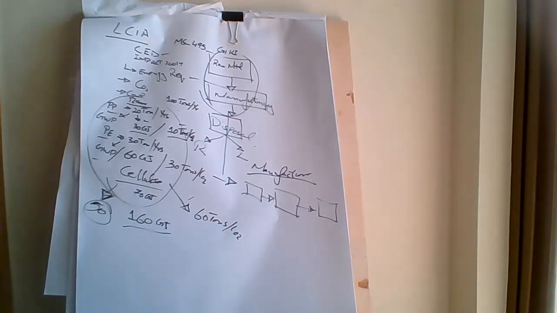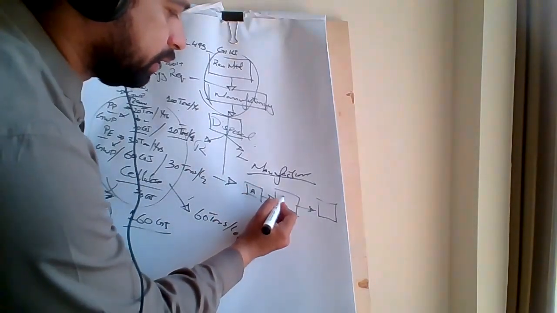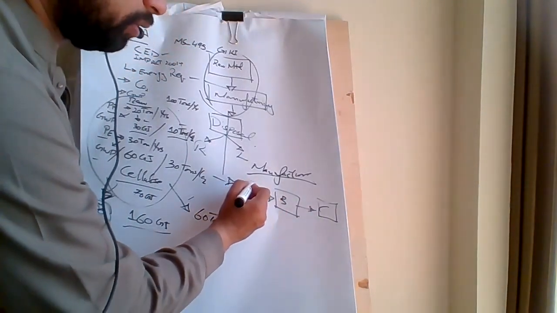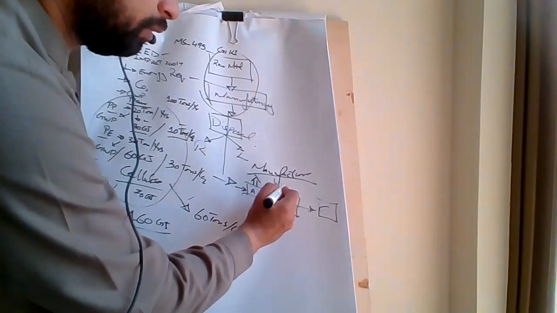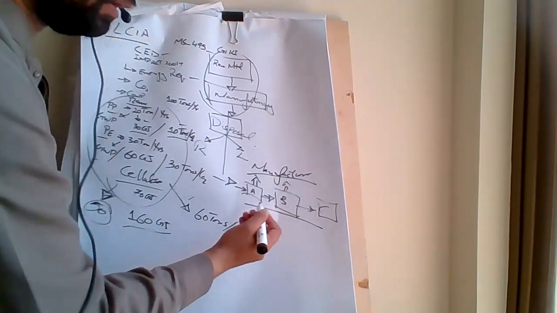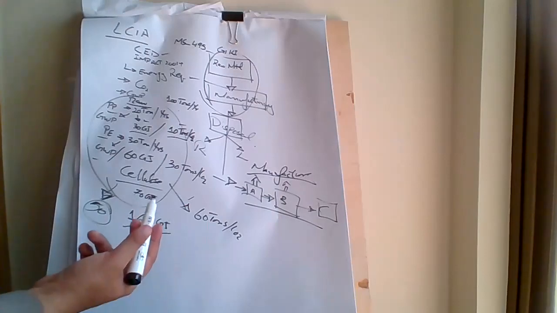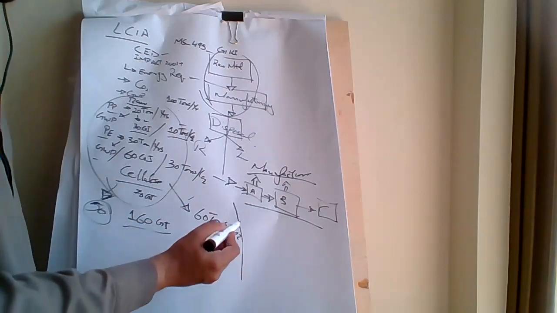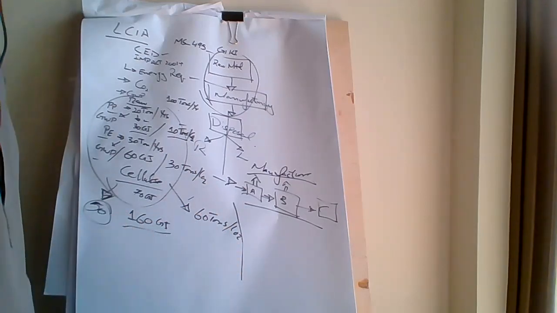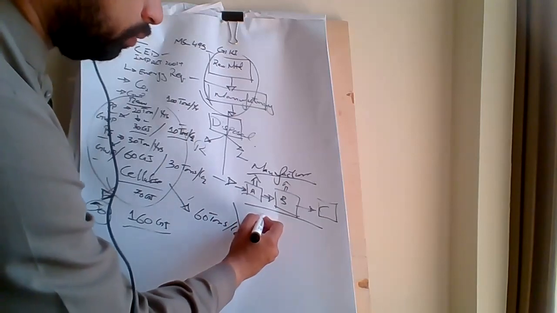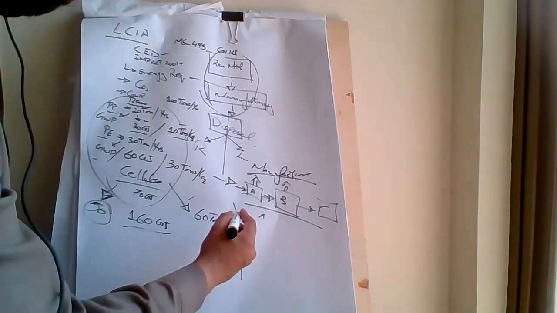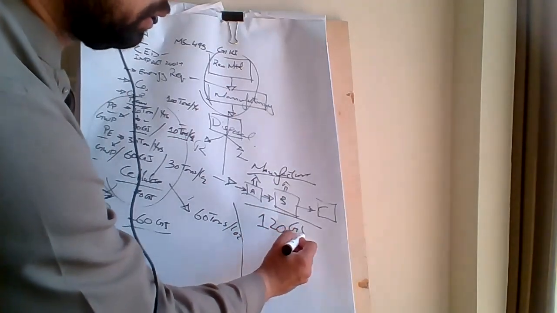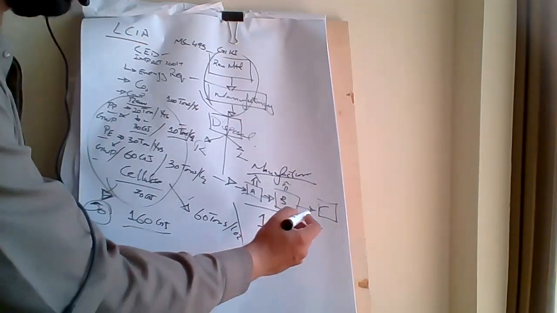So once we have an idea exactly which processes are there, what is the energy input, what is the output that is being generated, what sort of emissions are being emitted, so we get realistic value to exactly how much amount is manufacturing contributing towards making 100 tons of diapers a year. So basically we might say that it's consuming somewhere around, let's make it 120 gigajoules, 400 tons per year.